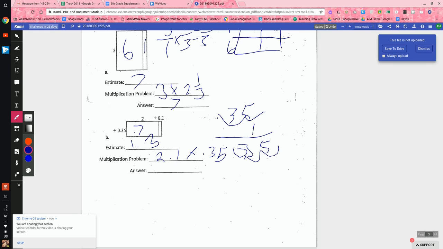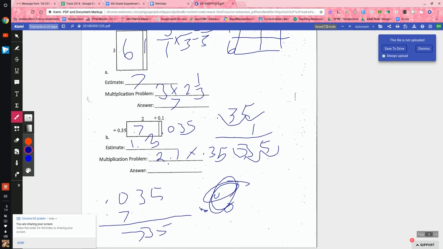So I got 35 thousandths. And so adding that to my 0.7, 7 tenths, let me line this up here. 0.035 and 7 tenths. So 7 and 35 thousandths.